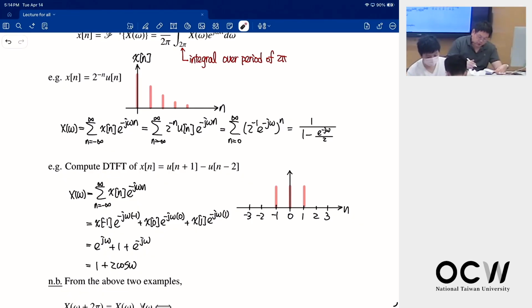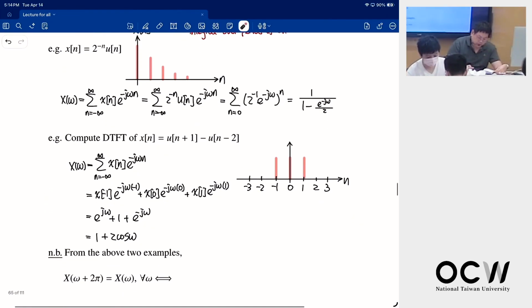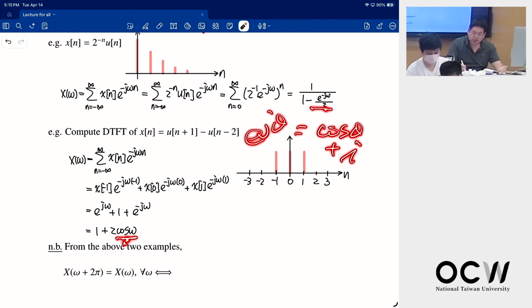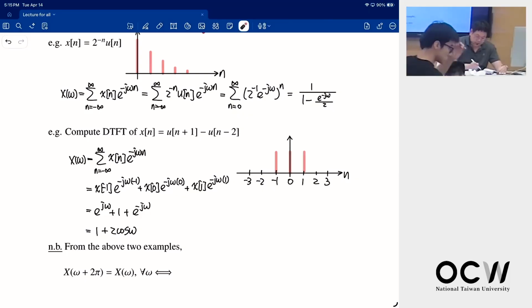So from these two examples, what do we have? Cosine is periodic. This is also periodic, right? Because e to the j theta will be cosine theta plus j sine theta. It is also periodic. So this is the transform.